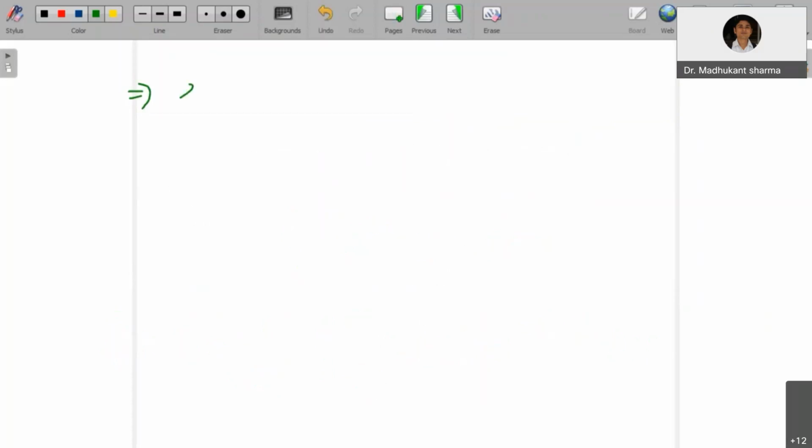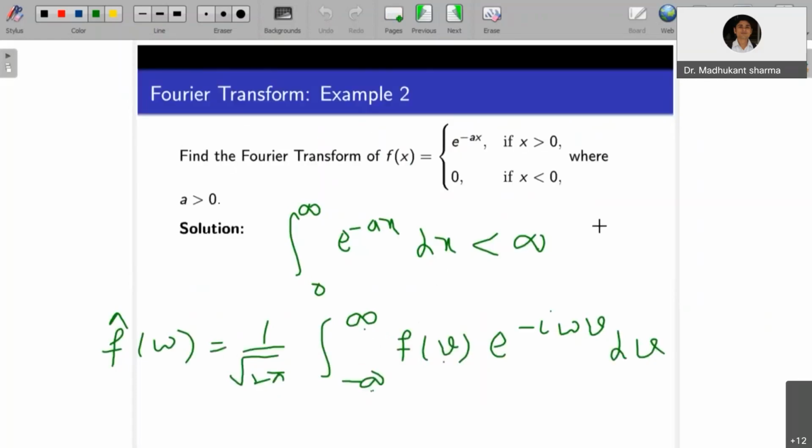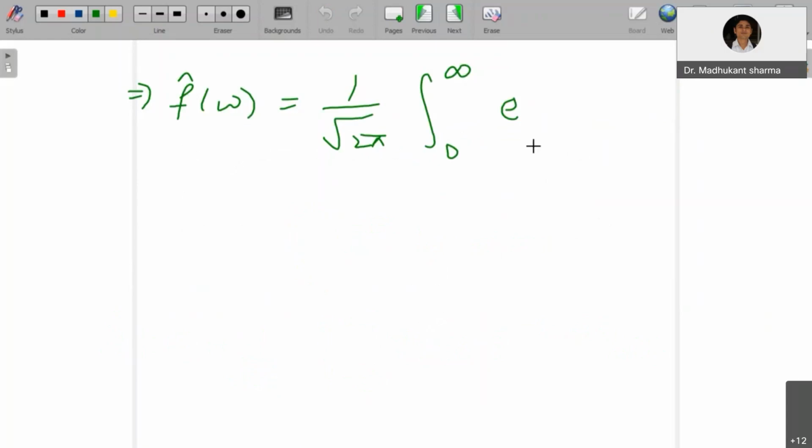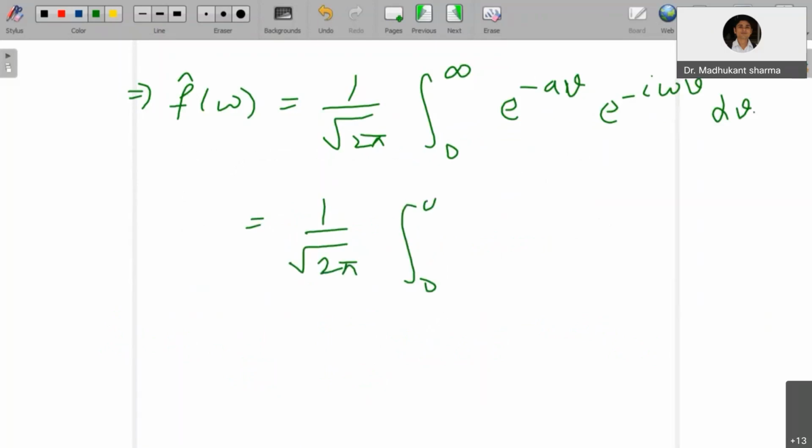So this implies f cap of w is equal to 1 upon square root of 2 pi integration 0 to infinity e to the power minus av times e to the power minus iwv dv. So this is equal to 1 upon square root of 2 pi integration 0 to infinity e to the power minus (a plus iw) v dv.